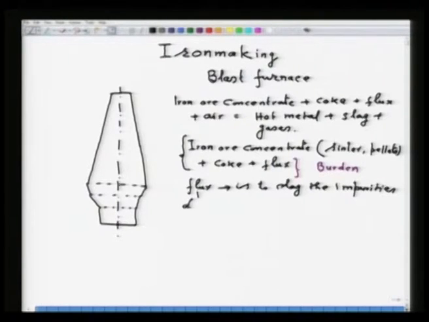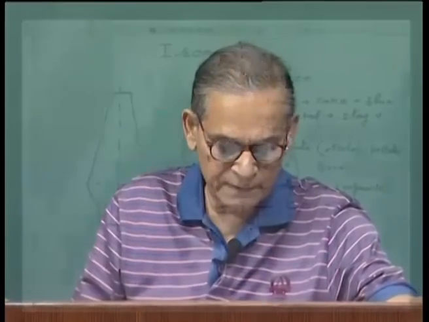Limestone decomposes to calcium oxide and CO2, and this calcium oxide reacts with the gangue minerals of the ore, that is SiO2, Al2O3 and so on, and helps in producing a slag.